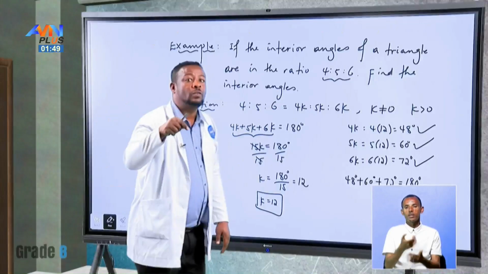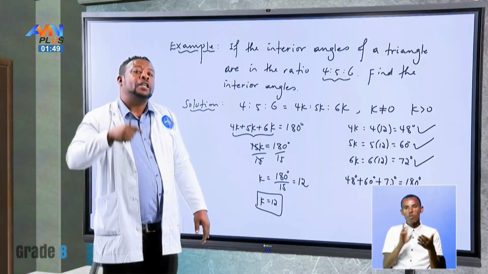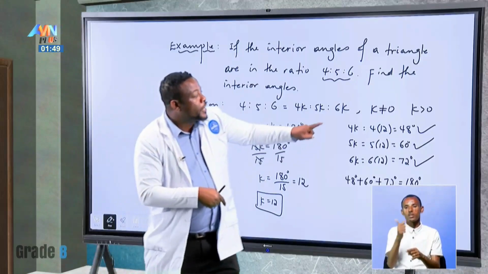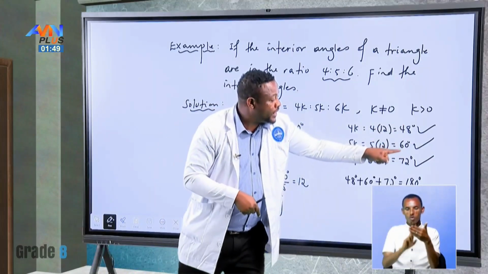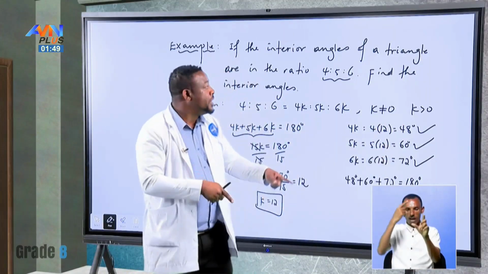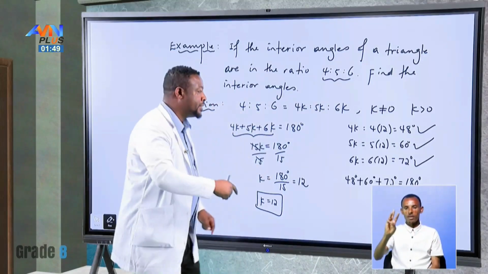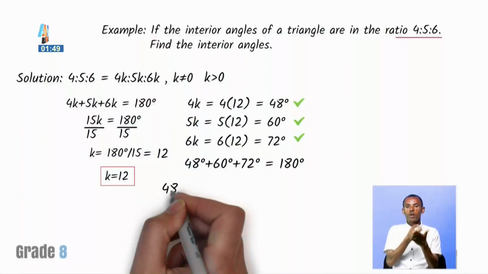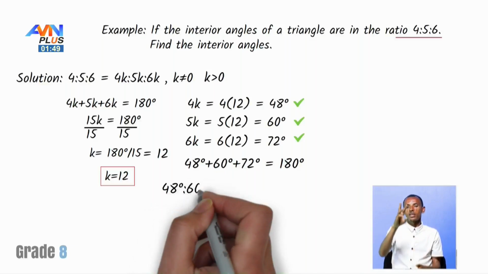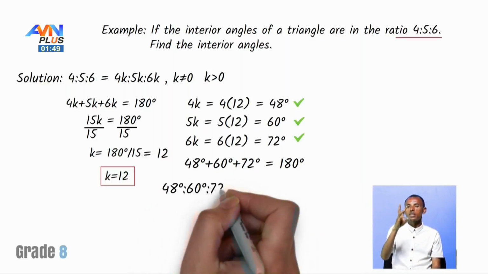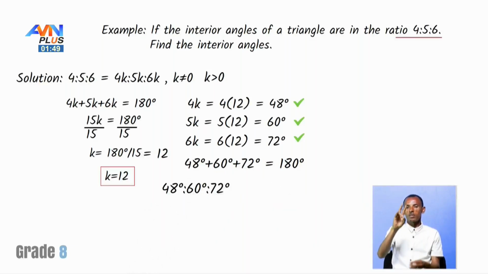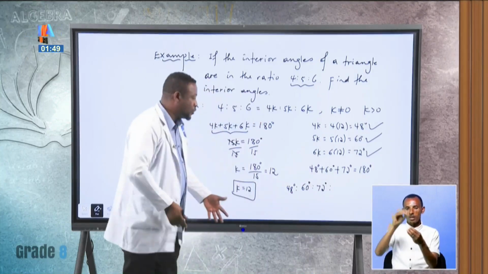This is one of the things that you need to check. The other thing is the ratio of these 3 angles must be 4, 5, 6. That means if you write 48 to 60 to 72, right?